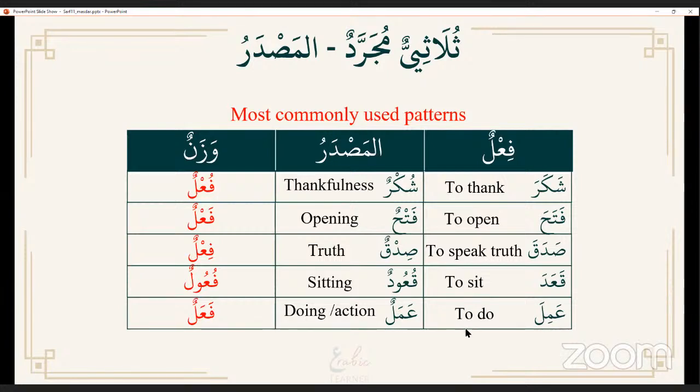Okay, so these are five awzan. If you just remember them, it will cover most of the words. And how will you remember? It's very easy. Fu'lun, fa'alun, fi'lun. Then fu'ulun, fa'alun. That's it.